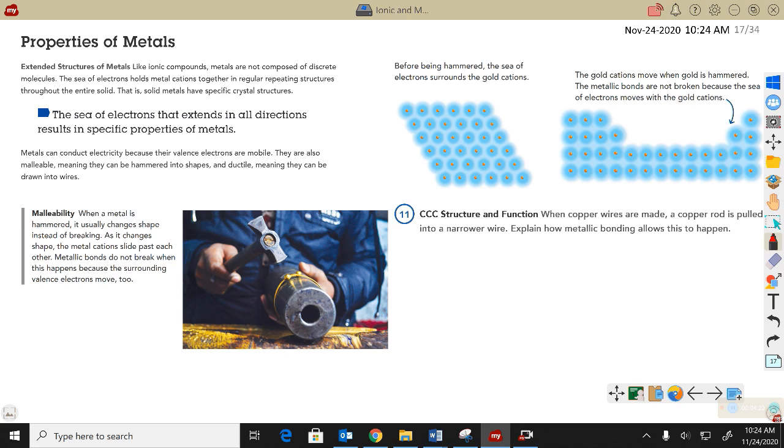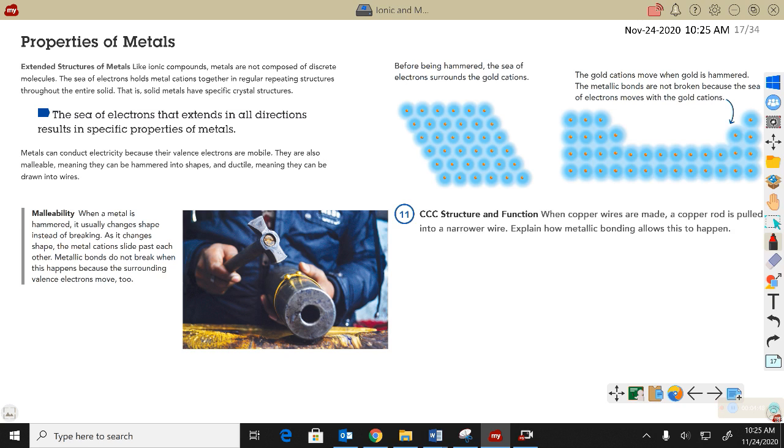I mean, think about a bunch of positive nuclei that are just kind of in a jello sea of electrons, where it's not a rigid structure. I can move the positive nuclei through some jello, if the jello is kind of like the sea of electrons, and then that would mean that I could change the shape. If I punch a thing of jello, I can change its shape.